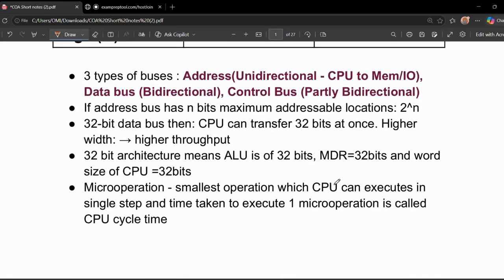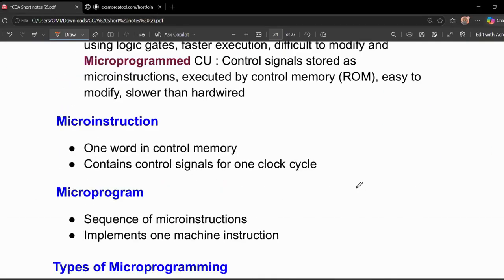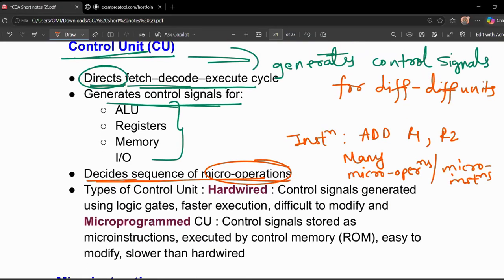What is a micro operation? It is the smallest operation which the CPU can execute in a single step, and the time taken to execute one micro operation is called the CPU cycle time. Now, one instruction can have many micro operations.